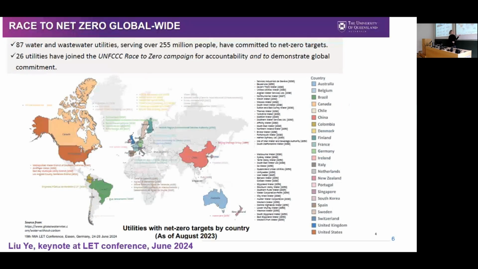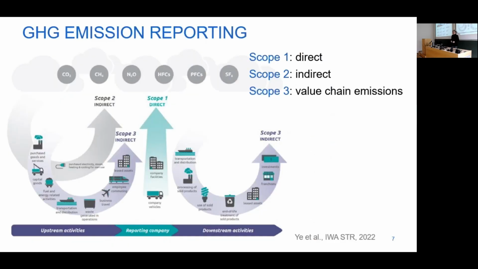Good. And several utilities have committed to reach the net zero target, and they are making worldwide efforts in this respect. Utilities have started to do greenhouse gas emission reporting.